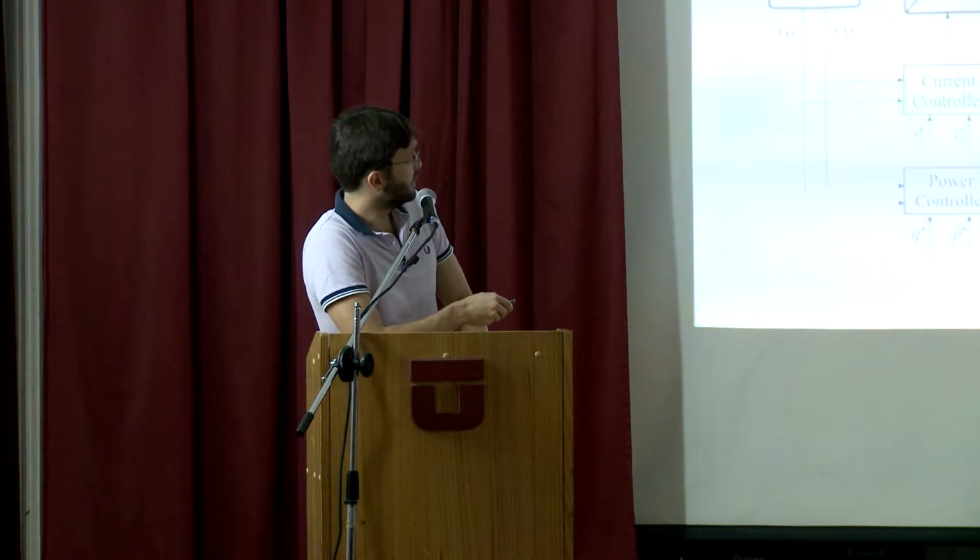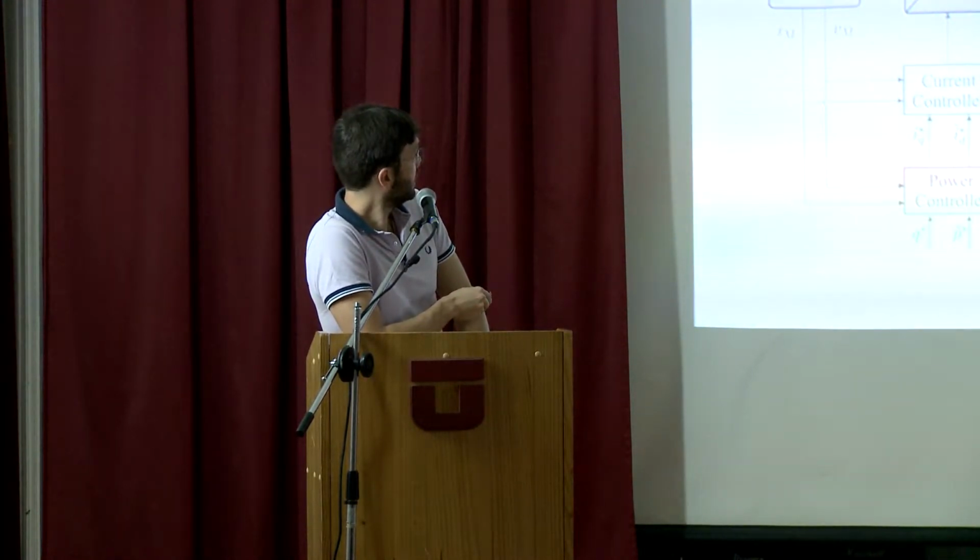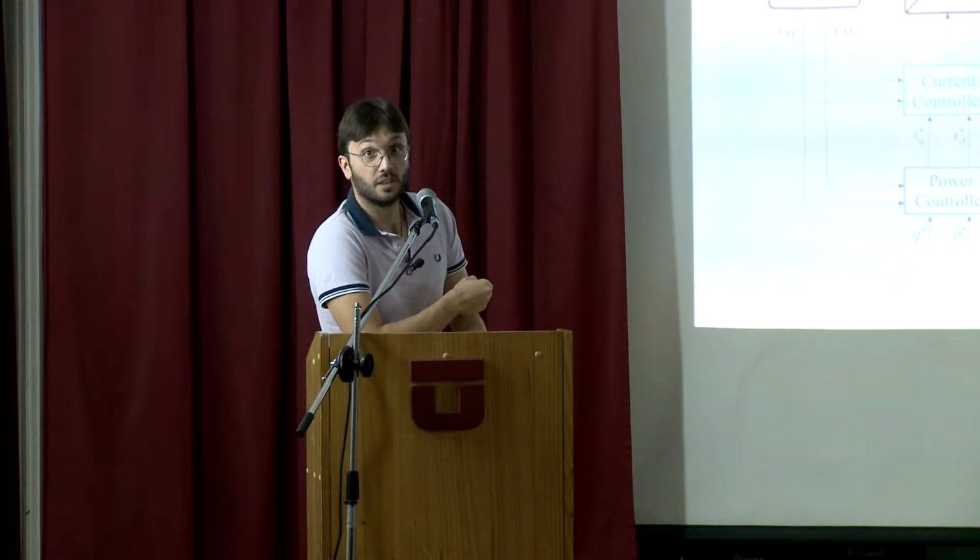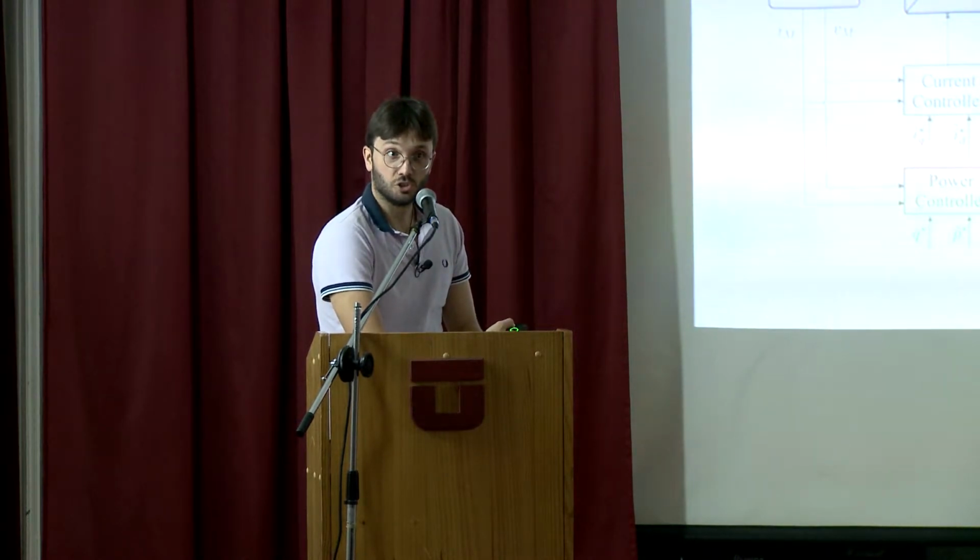If the power increases here, this voltage will go down, this controller will charge this capacitor, transferring power from this capacitor to this other capacitor. So this capacitor will go down, this controller will detect it, and it will increase the current reference. That will increase the current in the medium voltage grid.